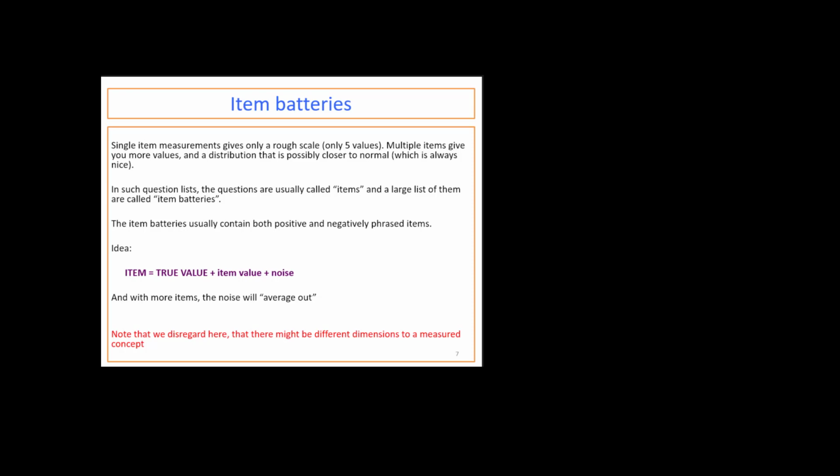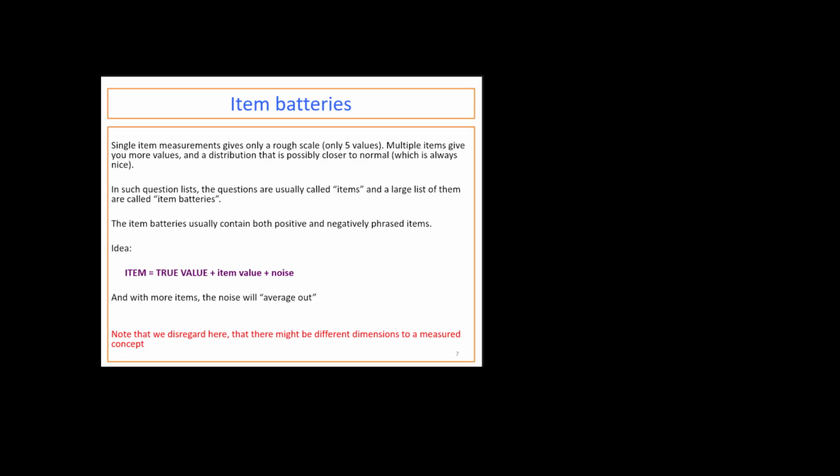So the true value is your general happiness. So you can imagine that if you are a happy person, you will also feel happy in the morning. Then the specific item value, if you're not a morning person, then you might still feel happy, but not super happy as like during the day or in the evening. So that will be the specific item value.